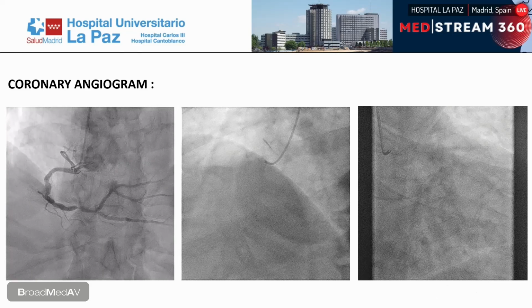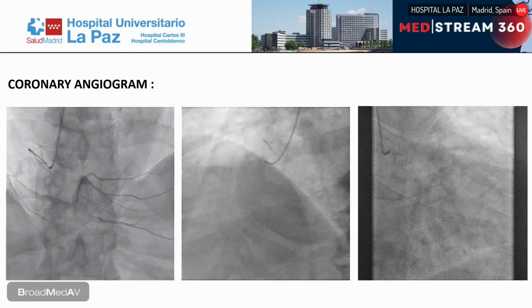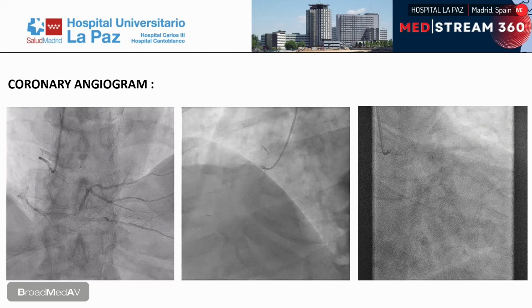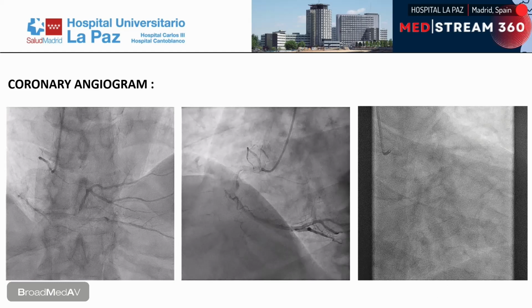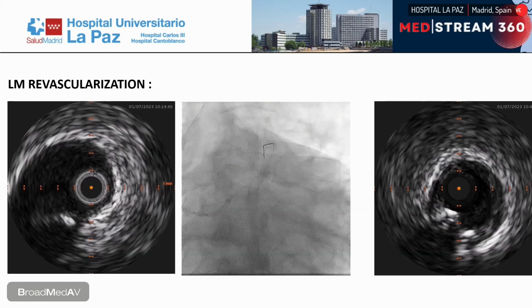So, in the current coronary angiography, we can observe severe intrastent restenosis in the right coronary artery. Additionally, there is an angiographical stenosis in the left main coronary artery caused by a calcium nodule, which was later confirmed by intravascular ultrasound, IVUS, with an area of 5 millimeters.